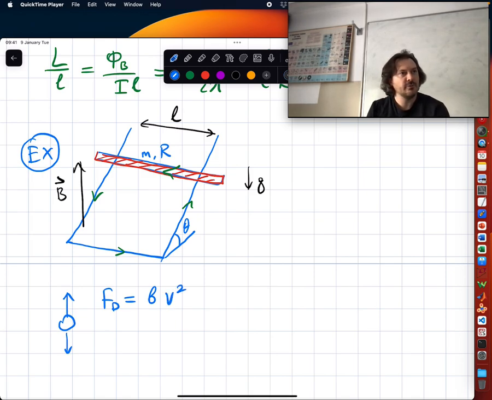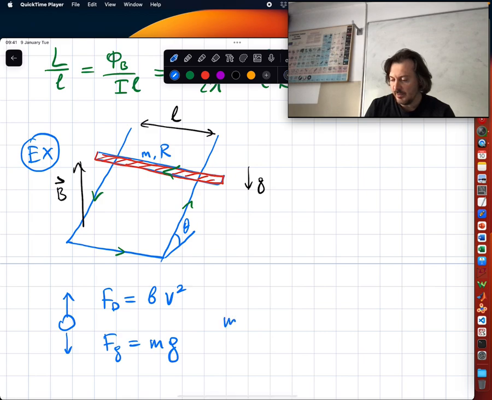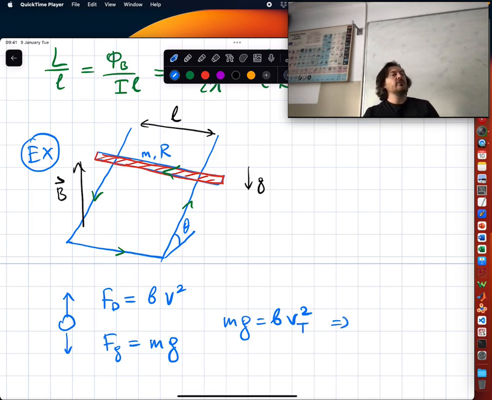Sometimes it's proportional to v squared, sometimes v to the 4, sometimes v. Anyway, whenever mg is equal to whatever the expression for the drag force is, you get the terminal velocity, right? Terminal velocity is the velocity when it stops changing.